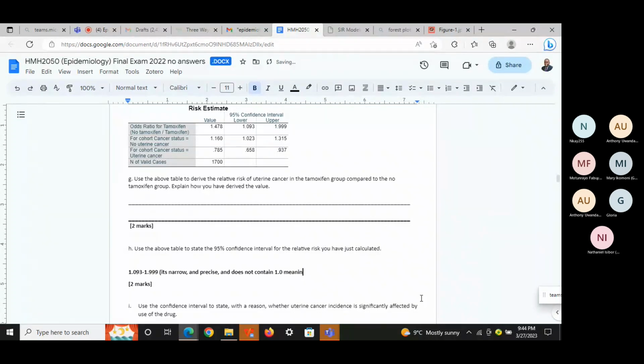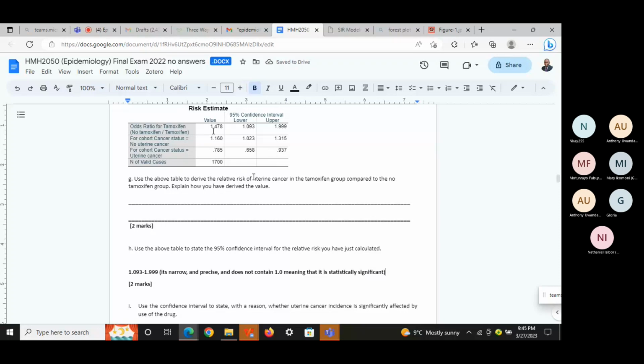So meaning that it is what? Statistically significant. Okay. So this is our result.